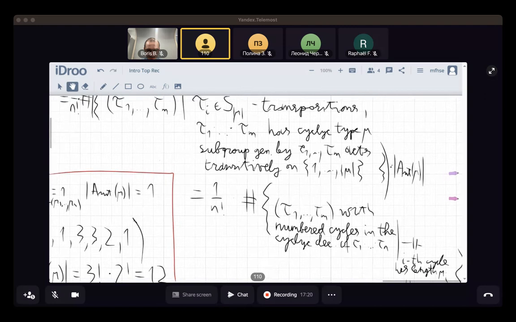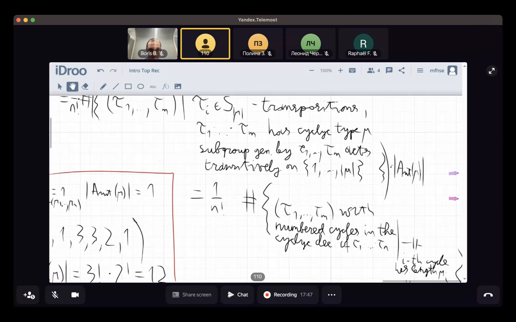So is it clear why it is actually the same? Let's look at this thing here. We look at some unordered collection of transpositions. So let's think about what we have here. We count all possible collections of m transpositions with additional structure.